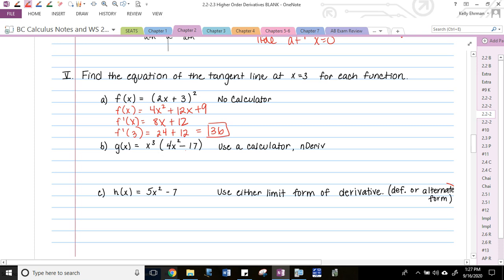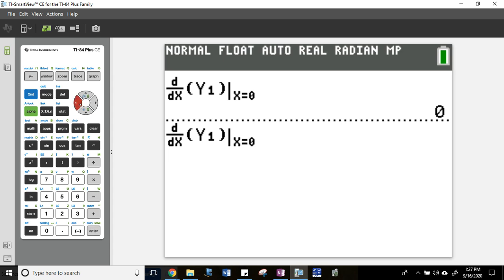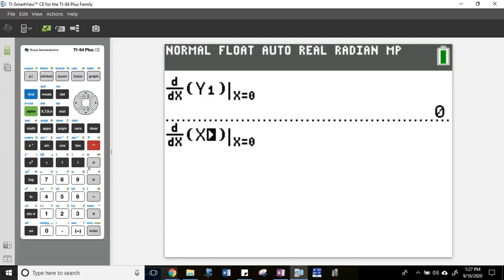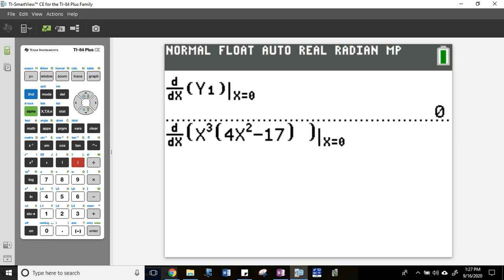For this one, let's use a calculator. If I didn't have a calculator, I would distribute and solve. Let's go ahead and use a calculator. I prefer the home screen just because, why put it into Y1 and then have to adjust a window? So this was x cubed, 4x squared minus 17.